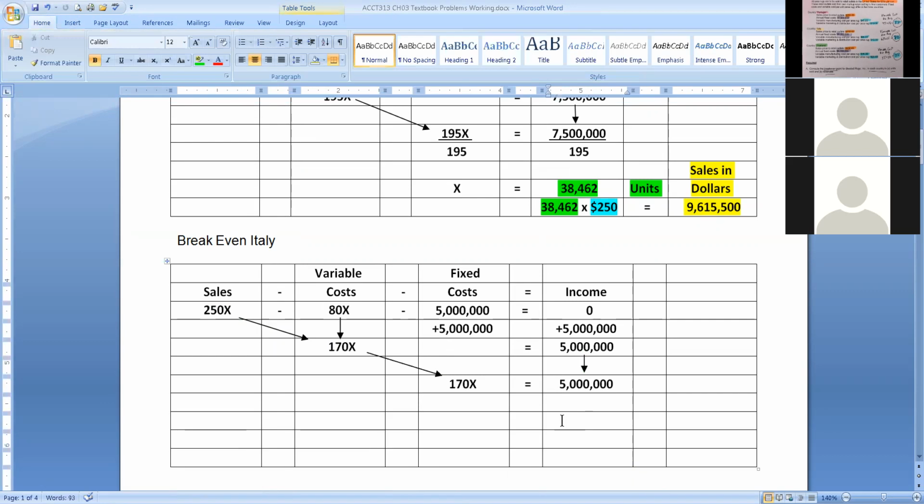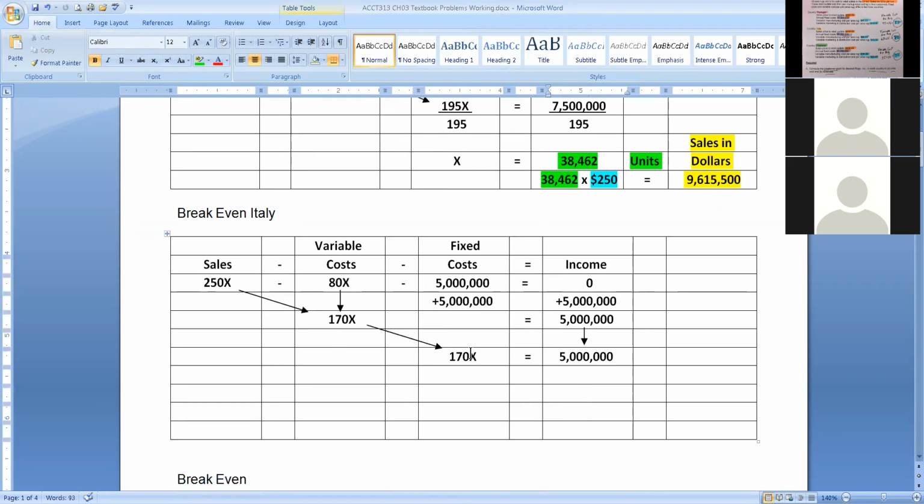Do you have to do this? No, of course not. But if you want to, you can. Okay, divide both sides. Well, we want the x to be alone, and then whatever is over on this other side. So 170. And over here, 170.